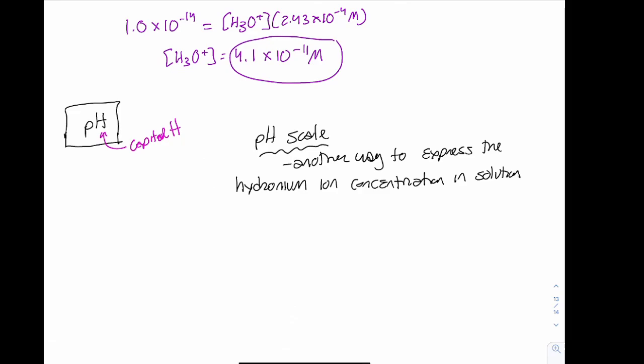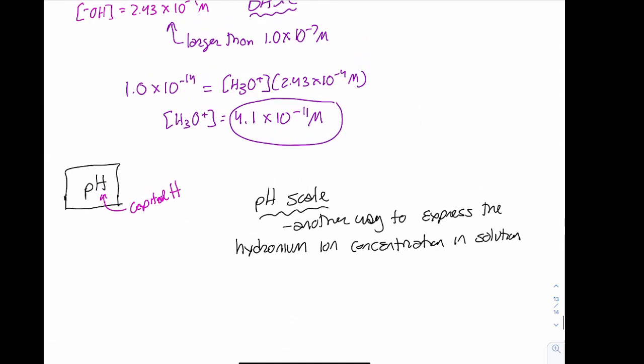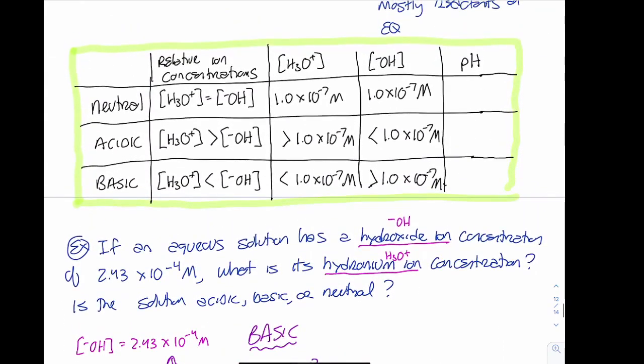So if I was to ask you what's pH, it's a way to express the hydronium ion concentration in solution. That's what it's doing. And then based on the hydronium ion concentration, if we go back up, we can tell whether or not a solution is acidic, basic, or neutral. So instead of writing it in scientific notation like this, it's a different way to express it that tends to be more convenient.